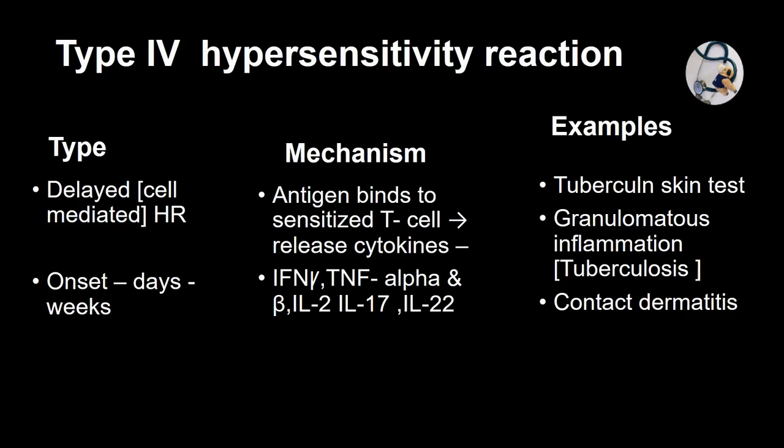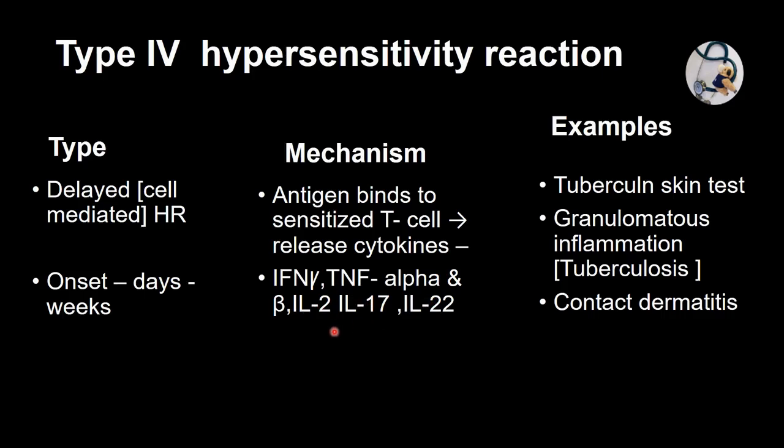Type 4 hypersensitivity reaction. This is delayed cell-mediated hypersensitivity reaction. The onset is in days to 2 weeks, and the mechanism is antigen binds to the sensitized T cell, and there is a release of cytokines.